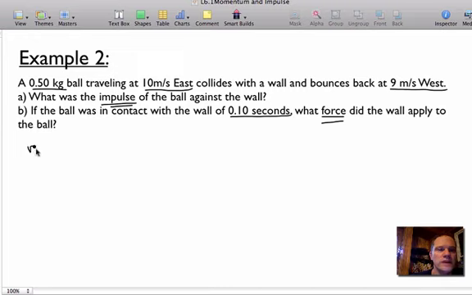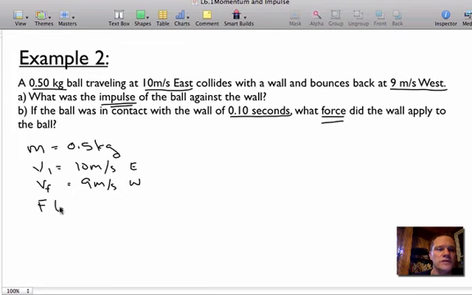So here we have a mass of 0.5 kilograms, an initial speed of 10 meters per second east and a final speed of 9 meters per second west. We're looking for the impulse, which is force times time, or mass times change in velocity.